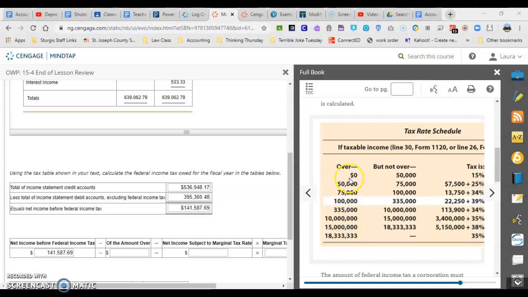If they made over zero but not over 50,000, the tax is 15%. So the first bracket is 50,000.